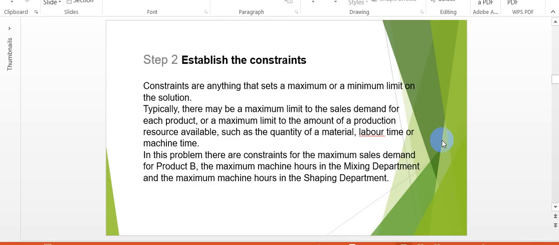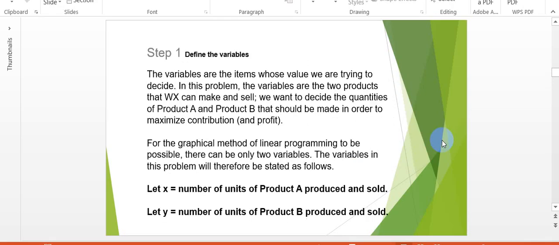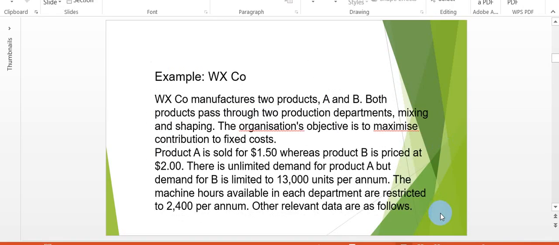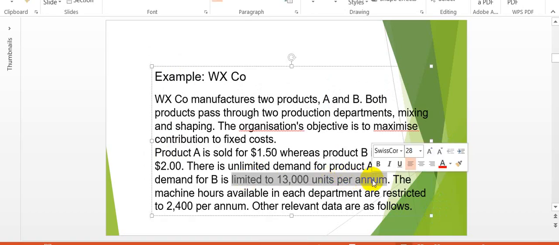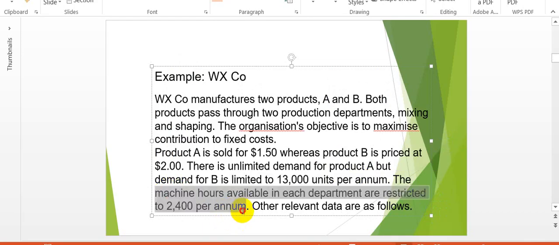In our problem, there are constraints for the maximum sales demand for product B, which we are told somewhere as being 18,000. And then there was a restriction on the machine hours available in each department to 2,400.